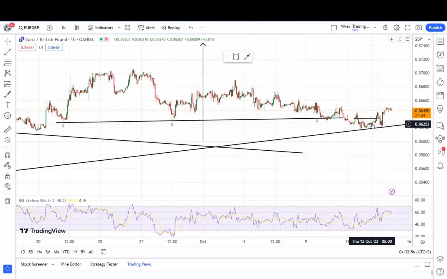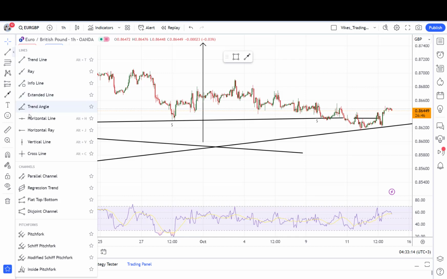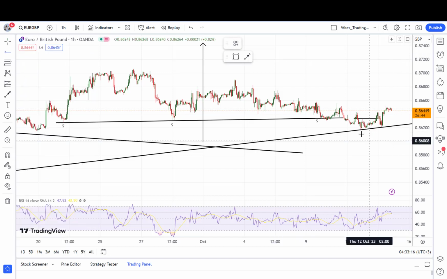Basically, for people who use ICT, after this change of character here, you would have waited for price to push up, form a new higher high, then retrace back to the order block of interest. So here's our order block. Let's highlight it.